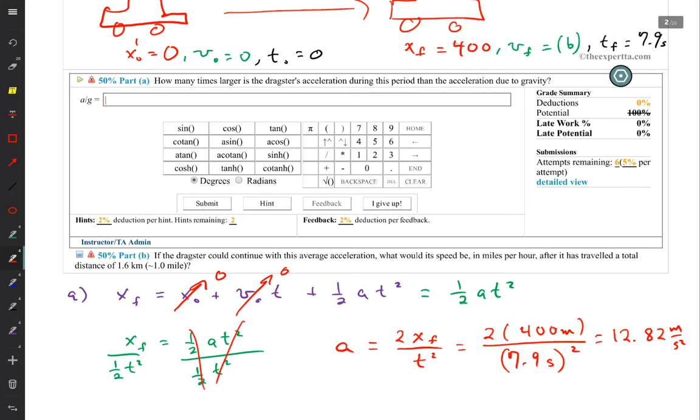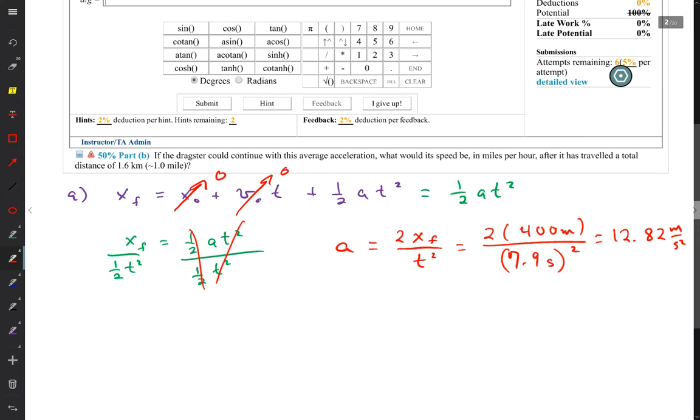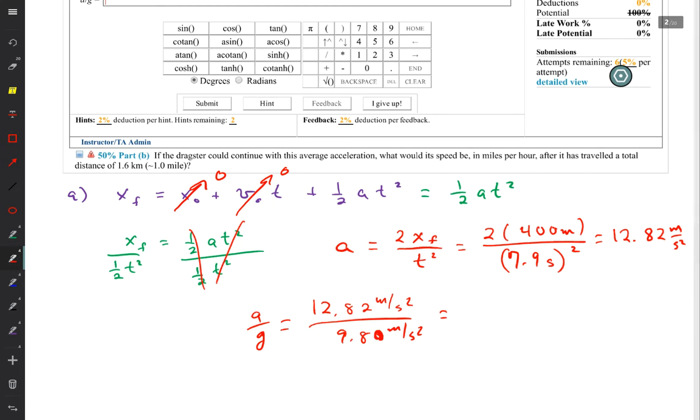That's not what you typed in for your answer, because I had to know the ratio of that to g. So a over g is what we're looking for. Just divide your number by 9.80, and what do we have? 1.3.